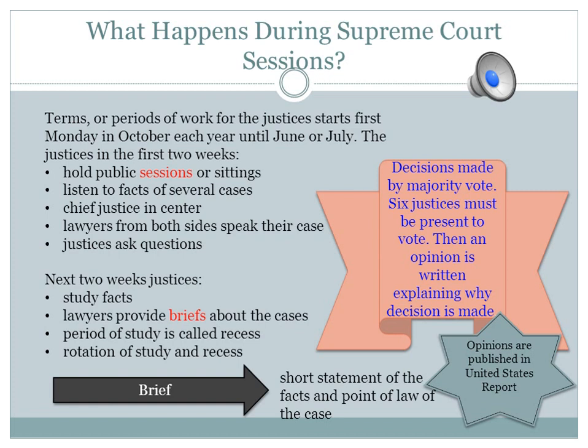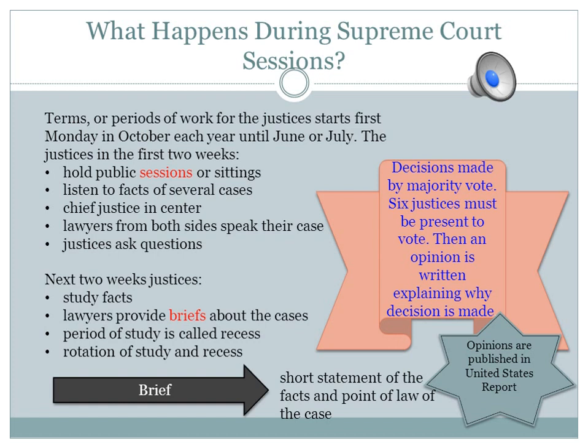The Chief Justice sits in the center, and he or she keeps order. The lawyers from both sides speak their case, so they present the information that the justices need to hear. And then the justices will ask some probing questions to really get clear on what law was being enacted.